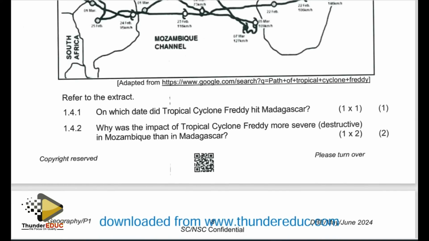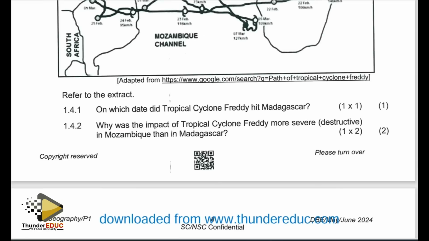Right, number 1.4.2. Why was the impact of tropical cyclone Freddy more severe or destructive in Mozambique than in Madagascar? Why did it cause more harm in Mozambique than in Madagascar?